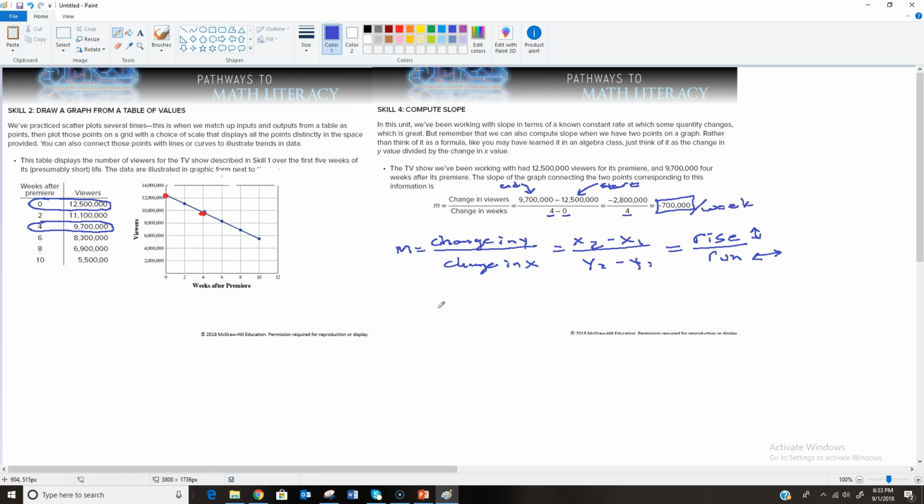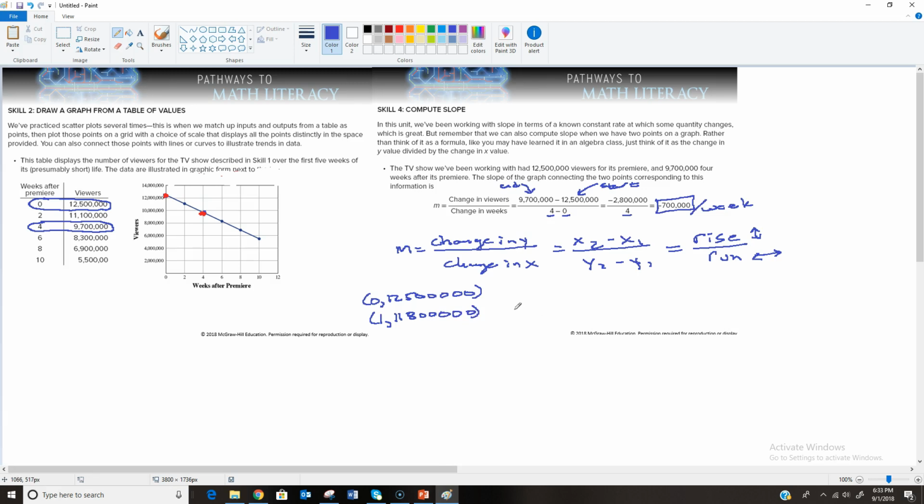Let's do this for a couple other points. So let's say we used week 0, which was 12,500,000, and we'd use week 1, which we said was 11,800,000. Sorry, I keep saying 11,000 instead of 11 million.